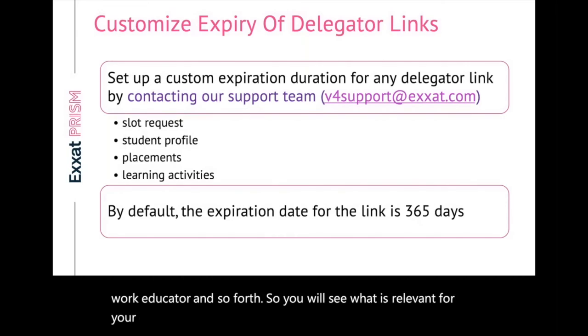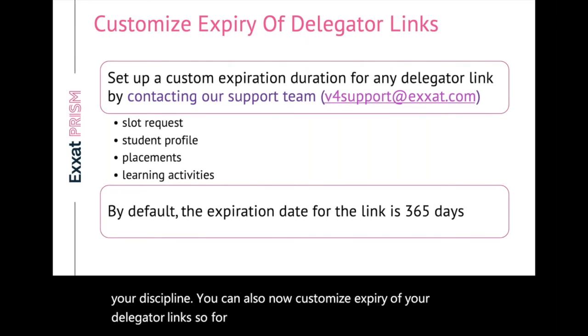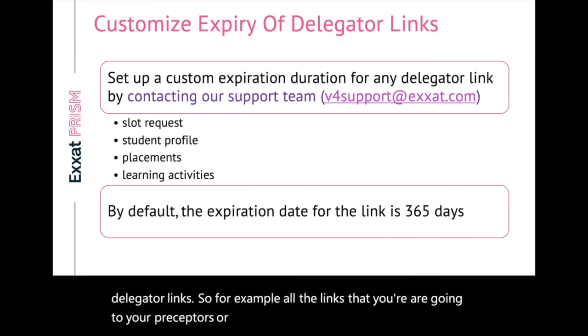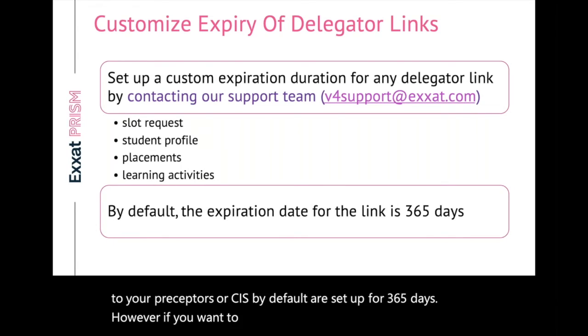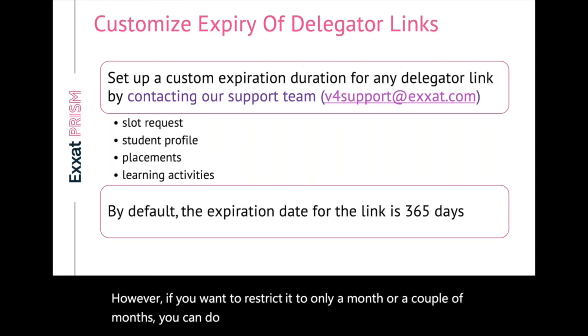You can also now customize expiry of your delegator links. So for example, all the links that are going to your preceptors or CIs by default are set up for 365 days. However, if you want to restrict it to only a month or a couple of months, you can do that by contacting support.